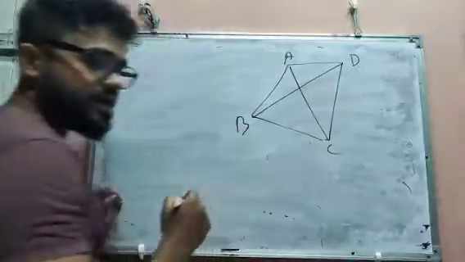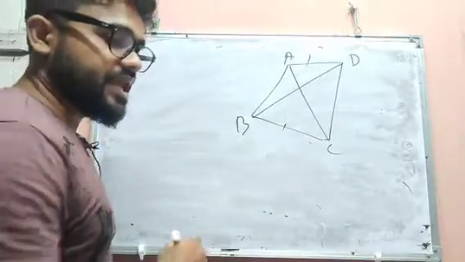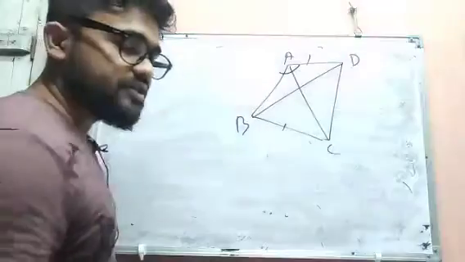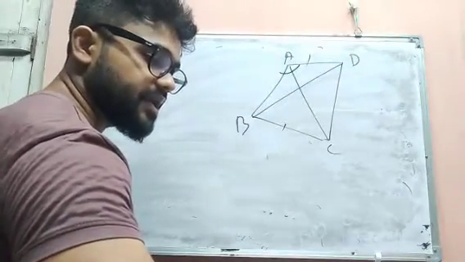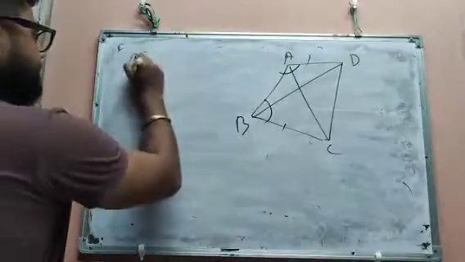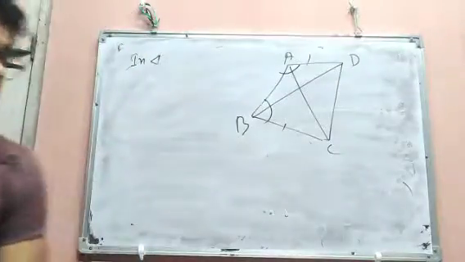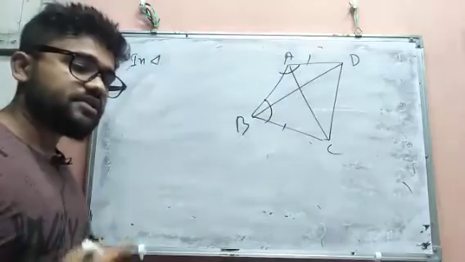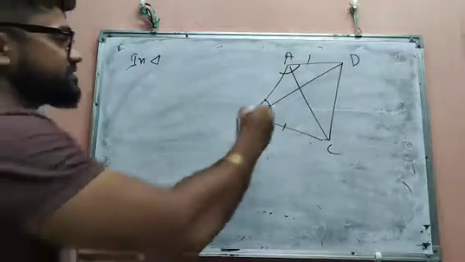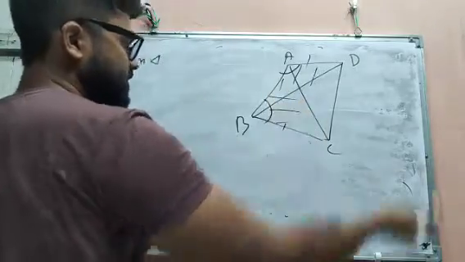Now we are given AD equal to BC, and angle DAB and angle CBA are equal. We are asked to prove triangle ABD congruent to triangle BAC. ABD means this triangle, and BAC means this triangle.